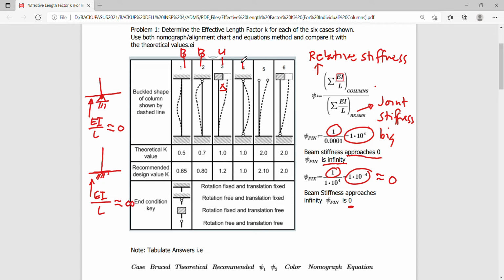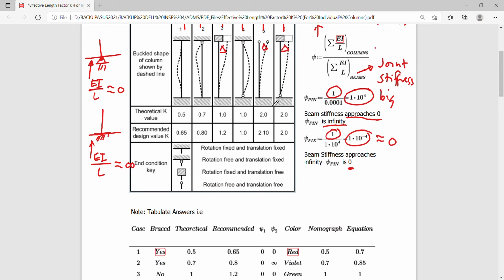Case 4 is again a braced column, since there is no lateral translation at the ends of the column. Case 5 is an unbraced column. Also case 6 is an unbraced column, since there is lateral translation delta at the top joints.